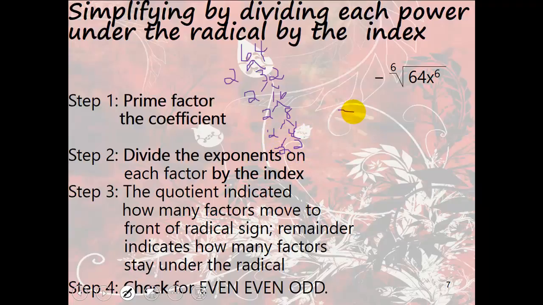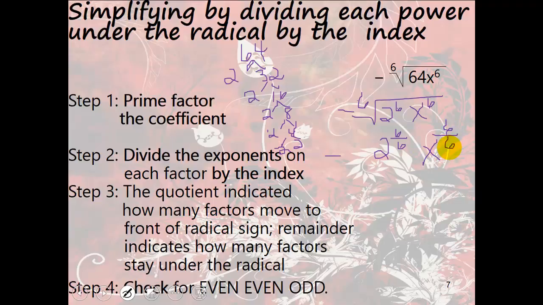So I get negative 6th root of 2 to the 6th, x to the 6th. Now, instead of expanding everything, I'm going to divide my power by my index. I have that negative out there. Then I have 2 to the 6 over 6, x to the 6 over 6, okay?